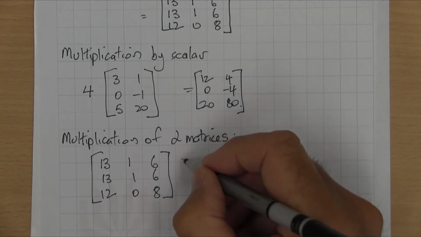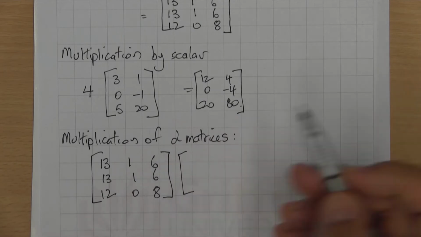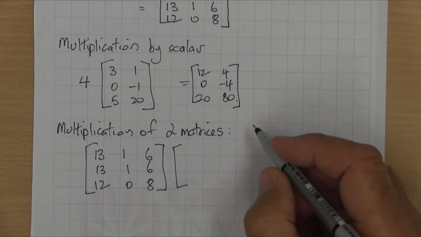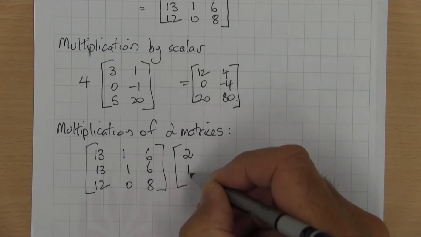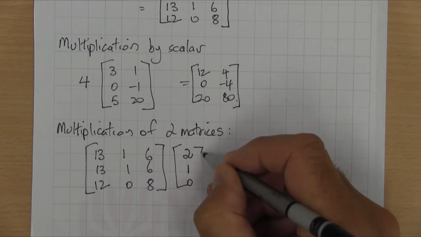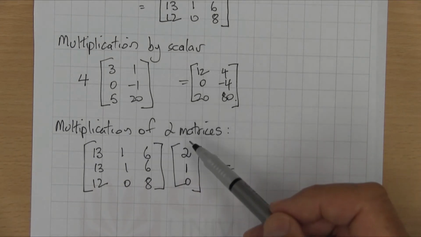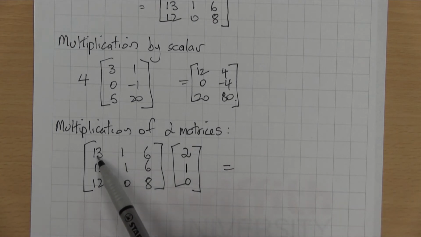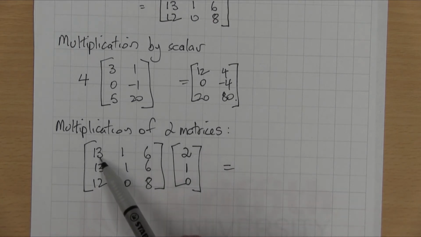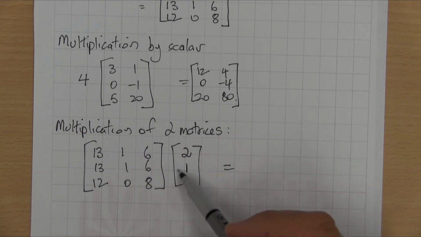Now, this is the number of wins, this is the number of draws, and this is the number of losses. And suppose the points were 2 for a win, 1 for a draw, and 0 points for a loss. Now, if we multiply these 2 matrices, we multiply this number here, it's as though we turn that column sideways and line it up here and multiply the numbers across.